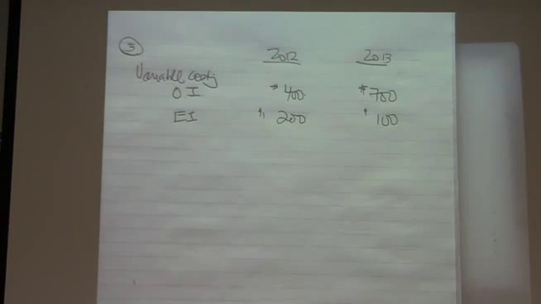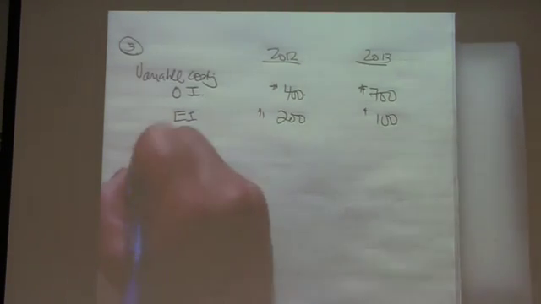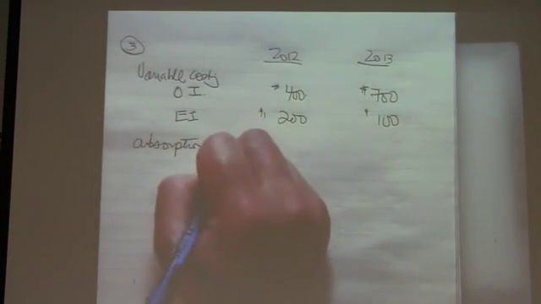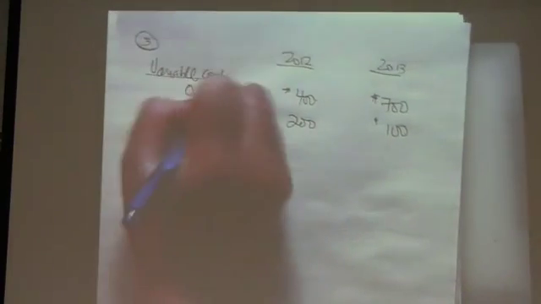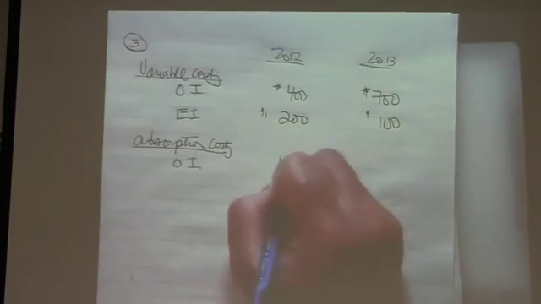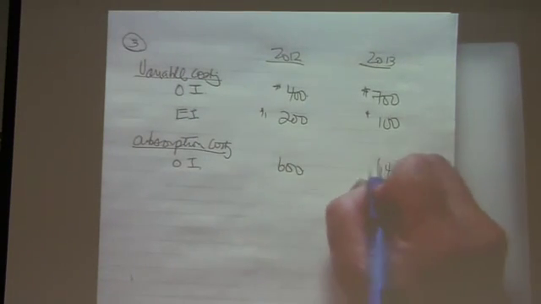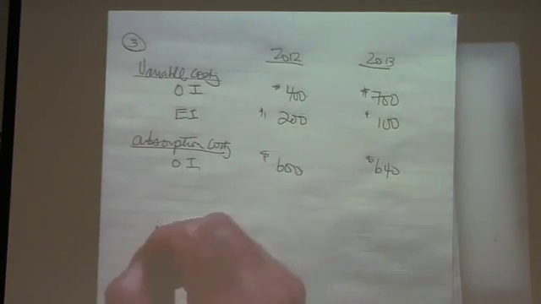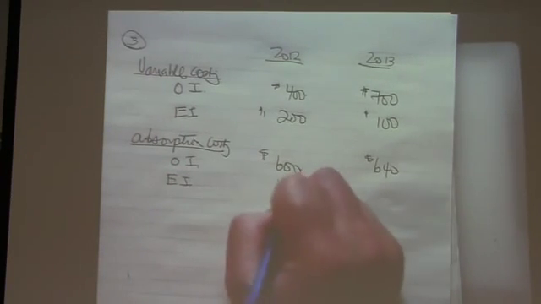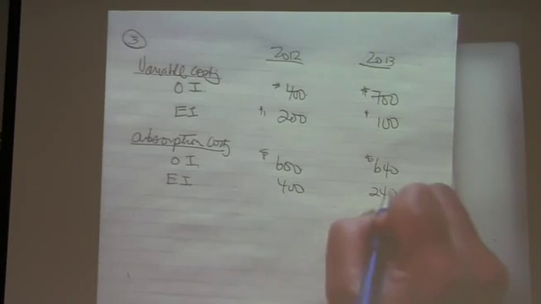Okay? Under absorption costing, operating income is 600 and 640, and ending inventory is 400 and 240.